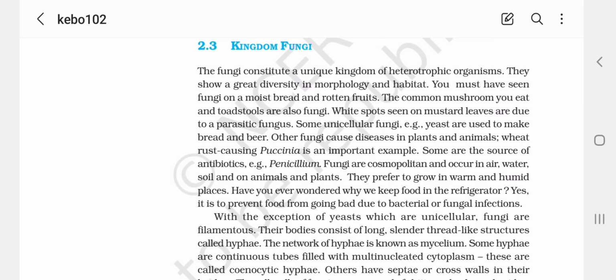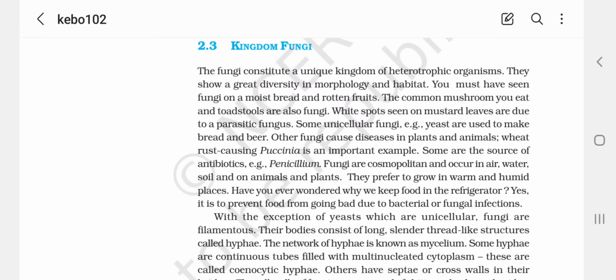2.3 Kingdom Fungi. The fungi constitute a unique kingdom of heterotrophic organisms. They show a great diversity in morphology and habitat. You must have seen fungi on a moist bread and rotten fruits. The common mushroom you eat and toadstools are also fungi.